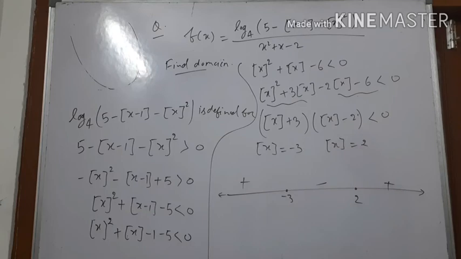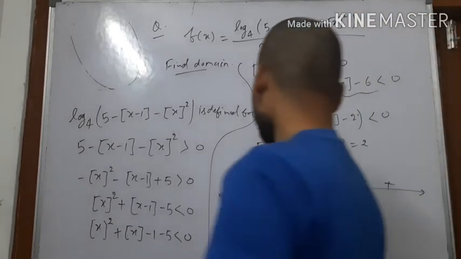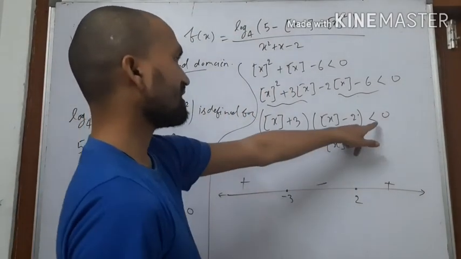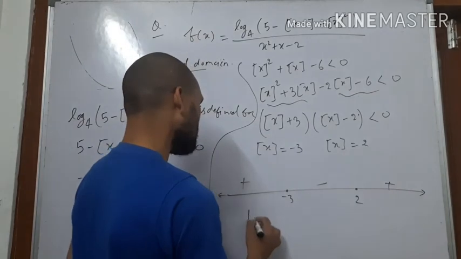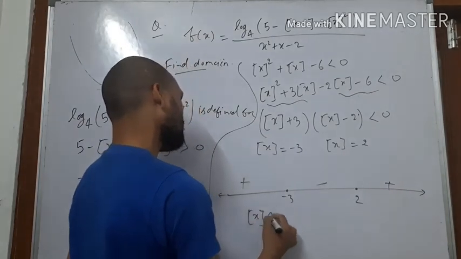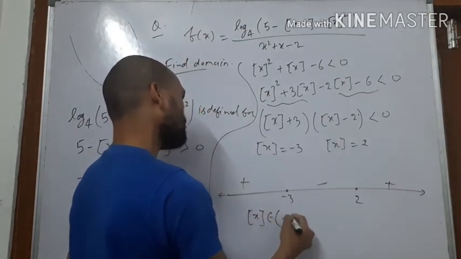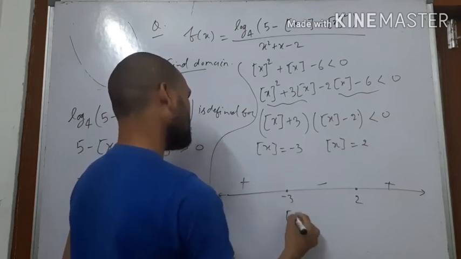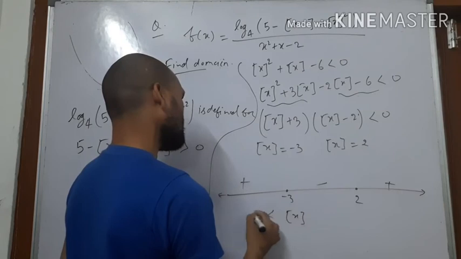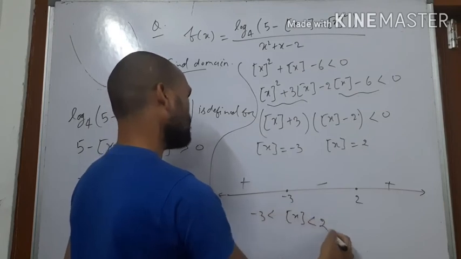Now for negative values we should be between -3 and 2. So here, as we have sign less than 0, greatest integer x should belong to the open interval -3 to 2, or we can write it as greater than -3 and less than 2.